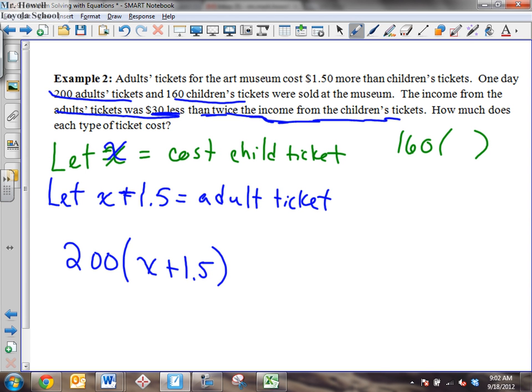X. Again, the cost of a child ticket is X. So if we take 160 tickets times however much each ticket costs, this will be the income from the children's tickets. But we are told that the income from the adults' tickets, right here, is equal to 30 less than twice the income of this.